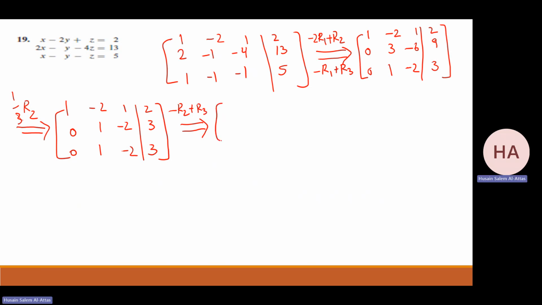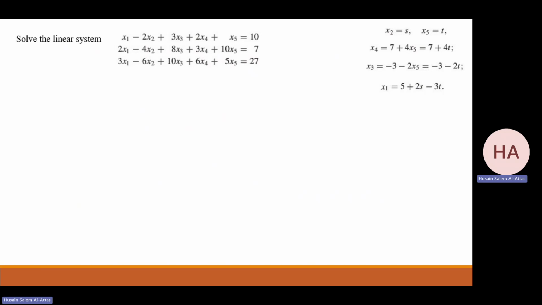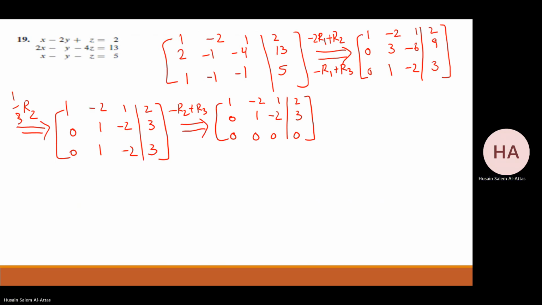What you will get? 1, -2, 1, 2. This is the same, 0, 1, -2, 3, but that will be 0, 0, 0, 0. So the third row will be gone.